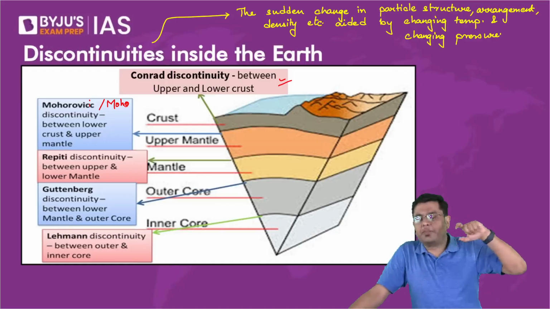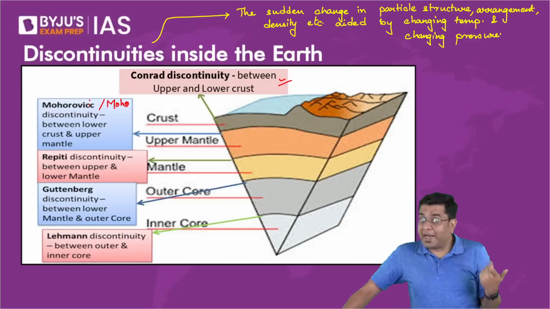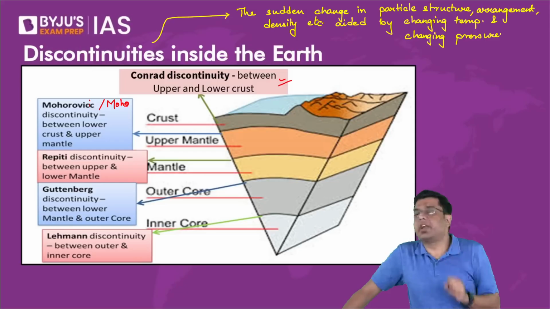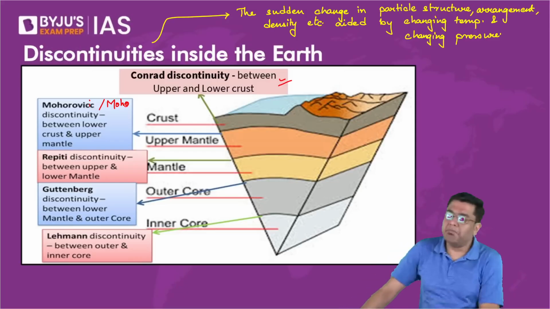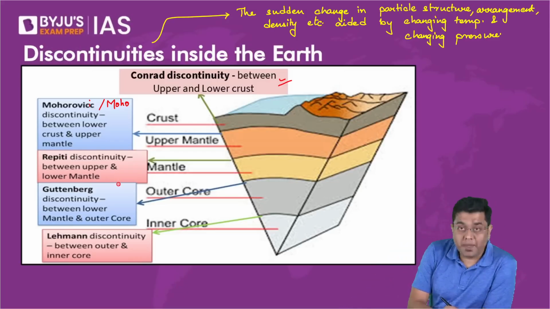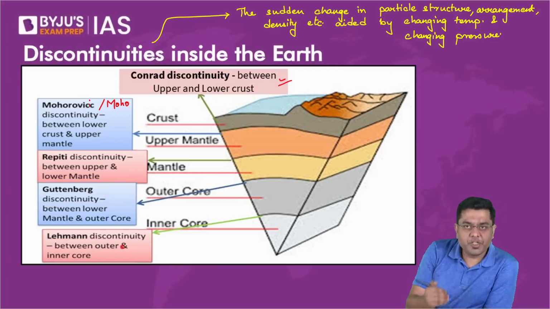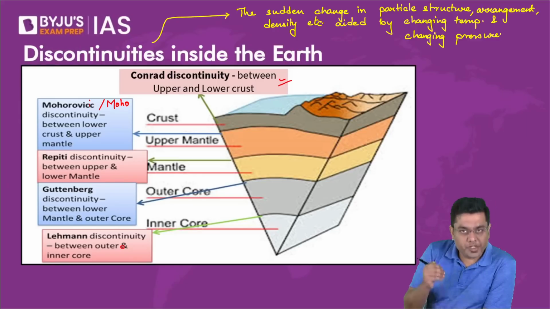So whenever you come across the term Moho, it stands for Mohorovic discontinuity, and that differentiates the crust and the mantle. Then you have the Repeti between the upper and the inner mantle, then the Gutenberg differentiating the mantle and the core, and the Lehman discontinuity differentiating the outer core and the inner core.